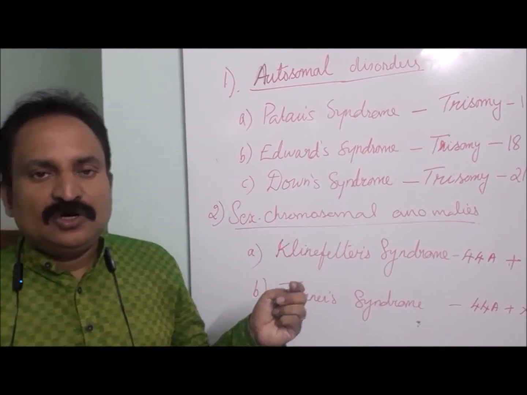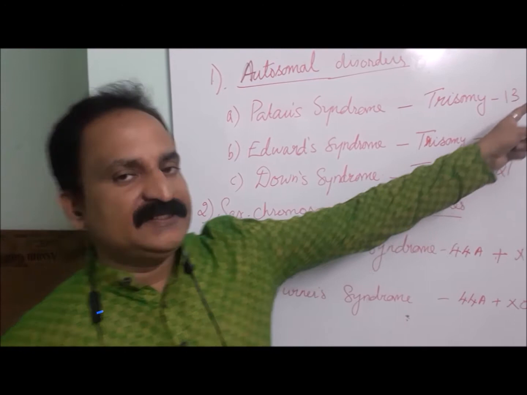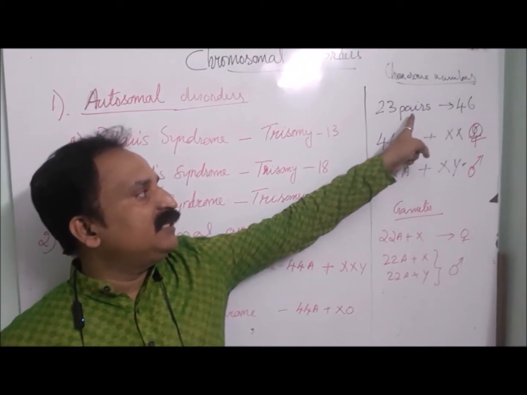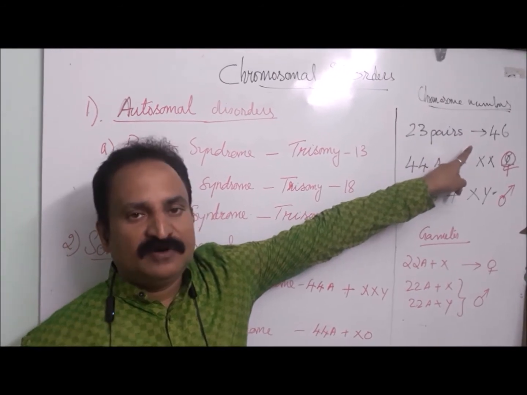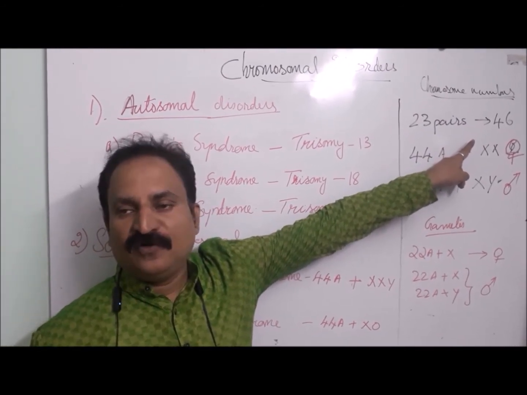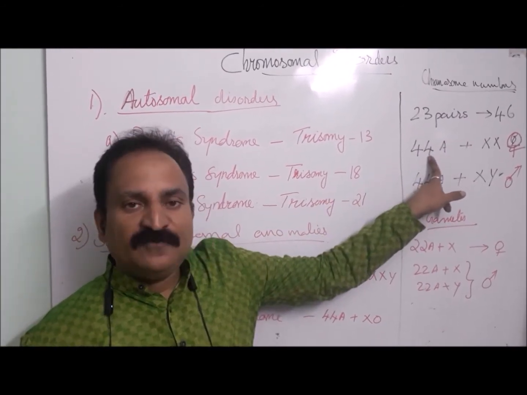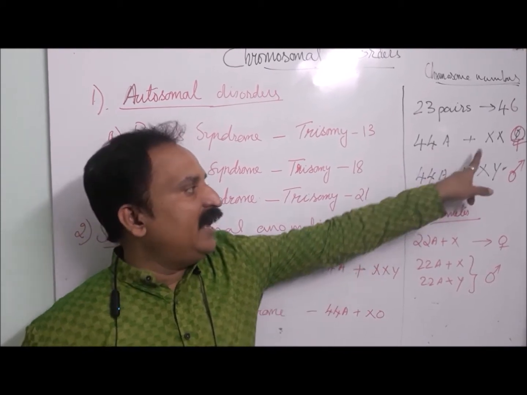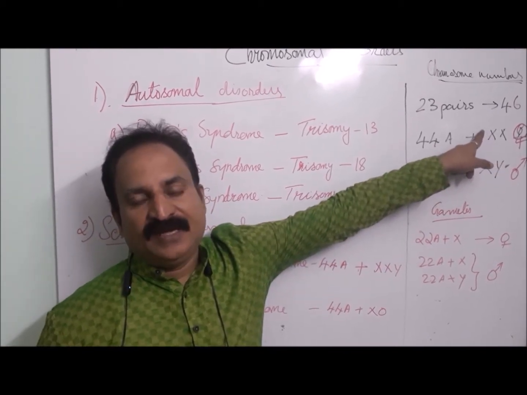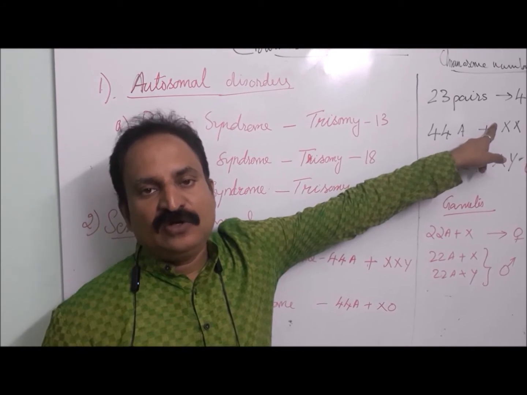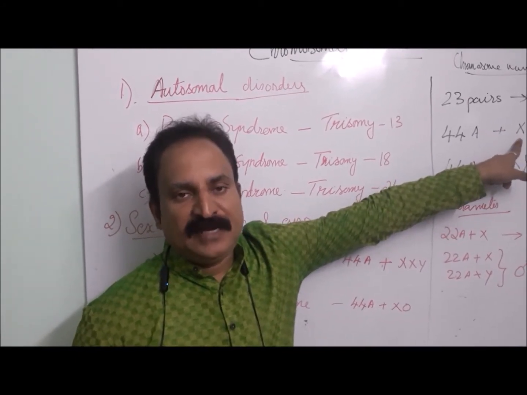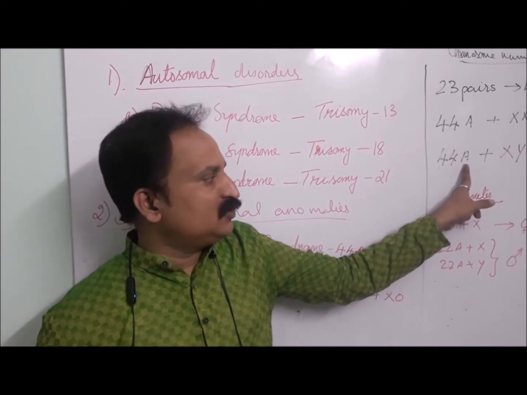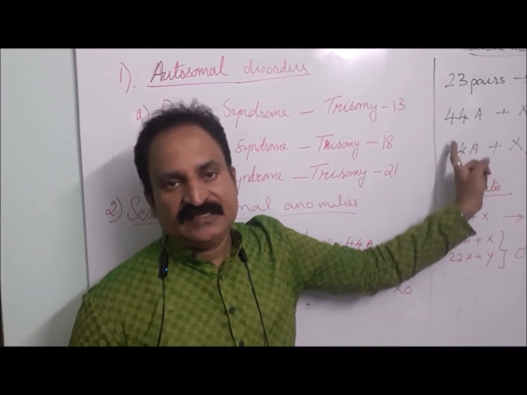In man, the normal chromosome number is 46, or 23 pairs. Out of 46, 44 are autosomes and a single pair is allosomes. 44A plus XX for female, and 44 autosomes and XY in male.